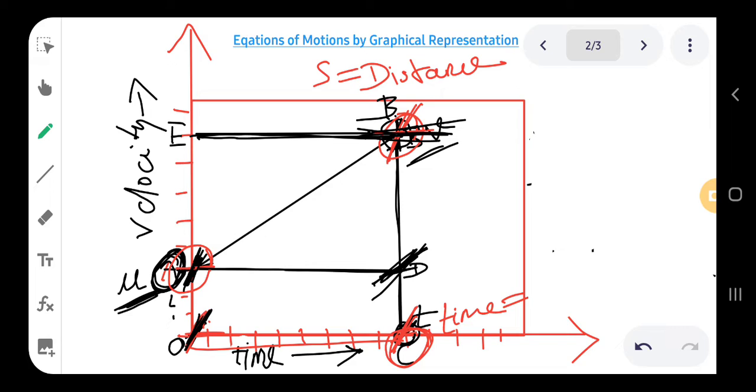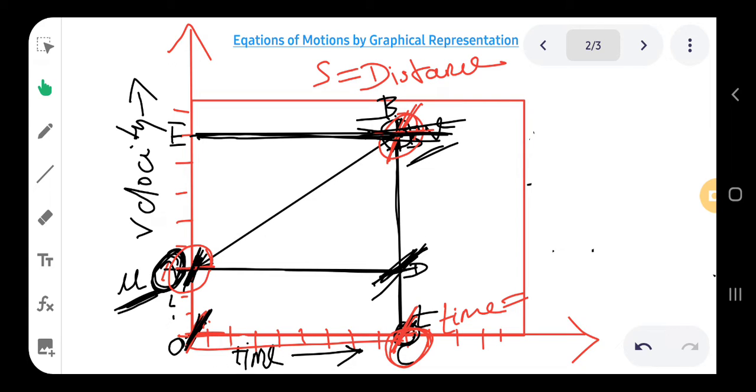The distance traveled by an object is obtained by the area enclosed within OABC. We read before that the distance covered by the car is the area of OABC. Which area is OABC?